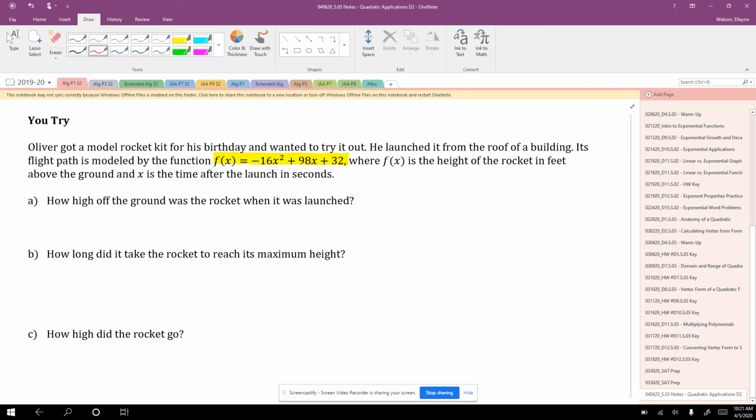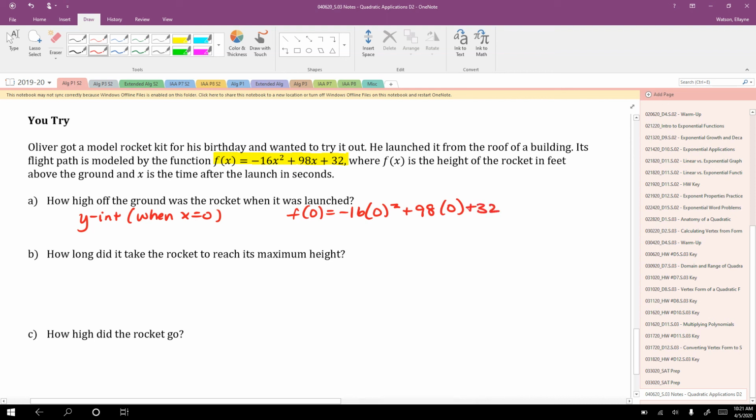So first question, how high off the ground was the rocket when it was launched? This is asking for the y-intercept, which again is when x equals 0. So I'll go ahead and just plug in 0 for x. Now some of you might be thinking, do I have to do that because I know it's a c value?